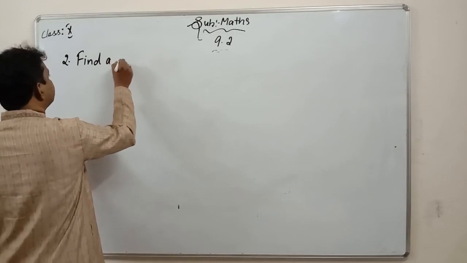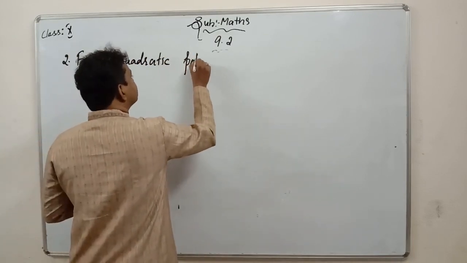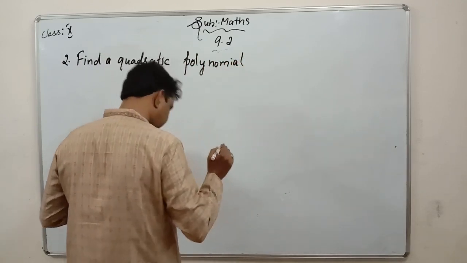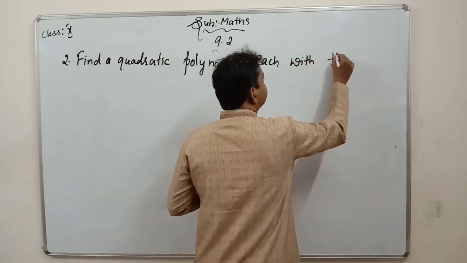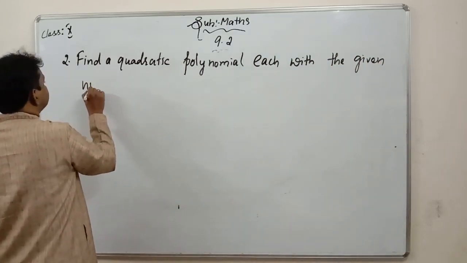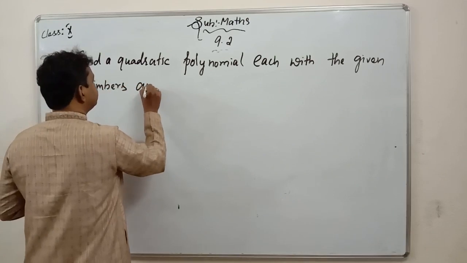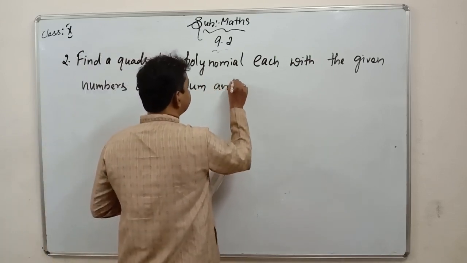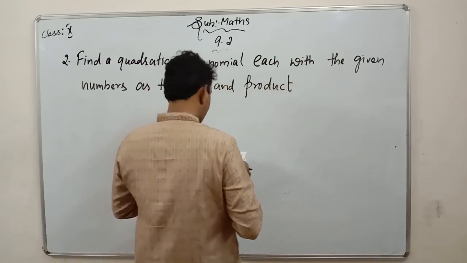Find a quadratic polynomial, each with the given numbers as the sum and product of its zeros respectively.